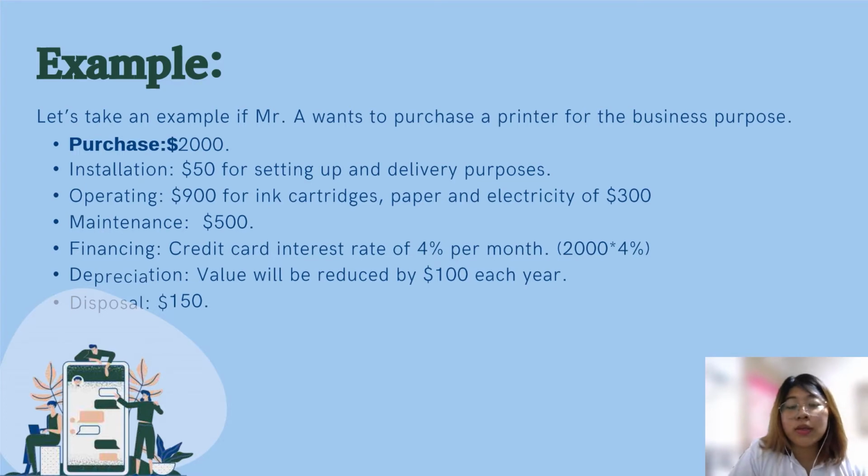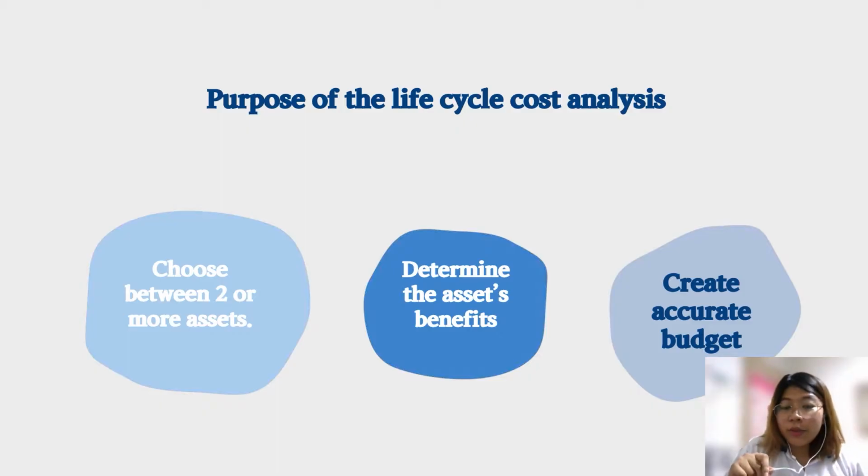So as you notice, the printer only costs $2,000, but the life cycle cost of the printer will end up costing the business more than $2,000. So we have here the purposes of the life cycle cost analysis. First, we can choose between two or more assets.